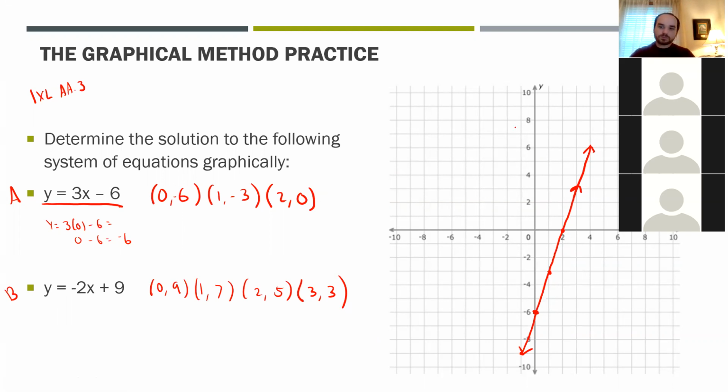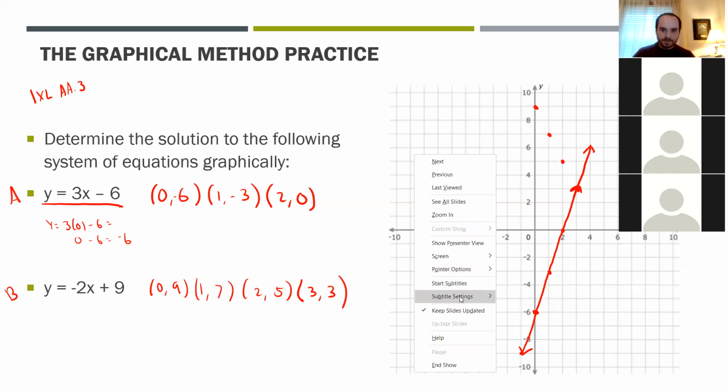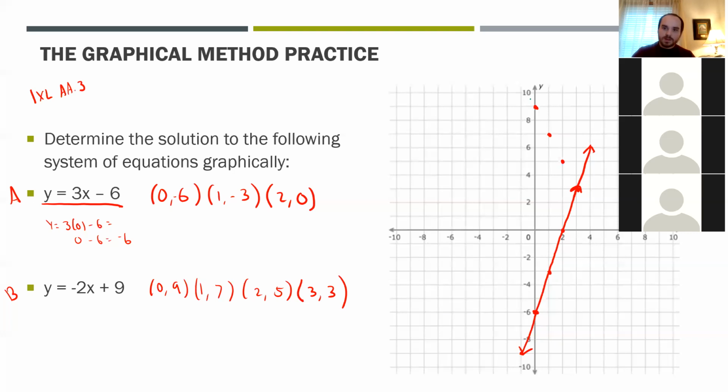So if we graph 0, 9, that's right here. 1, 7 is right here. 2, 5 is right here. 3, 3 is right here. Actually, I should graph this in a different color, huh? Just a second. Okay. So this one looks something like this.